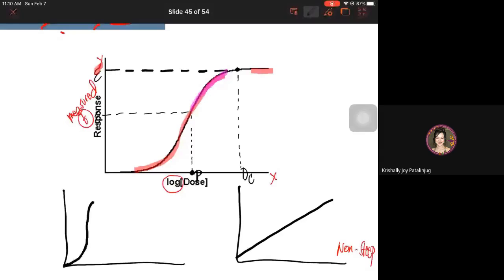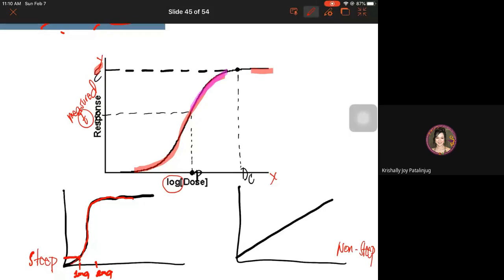Okay. And if we compare a steep slope versus a non-steep slope, for a very steep slope, with just a small adjustment or slight adjustment of the concentration of a drug, there is already a drastic change in the response.